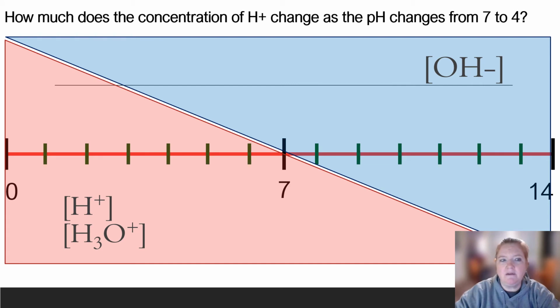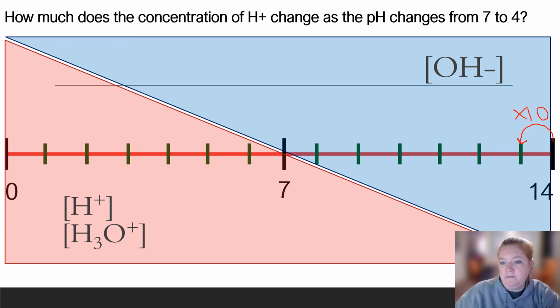All right, so here we have our chart. How much does the concentration of H plus change as the pH changes from 7 to 4? Okay, so here's the other part. Since it's a negative logarithm, anytime you make a jump of one number on the pH scale, the concentration changes times 10.